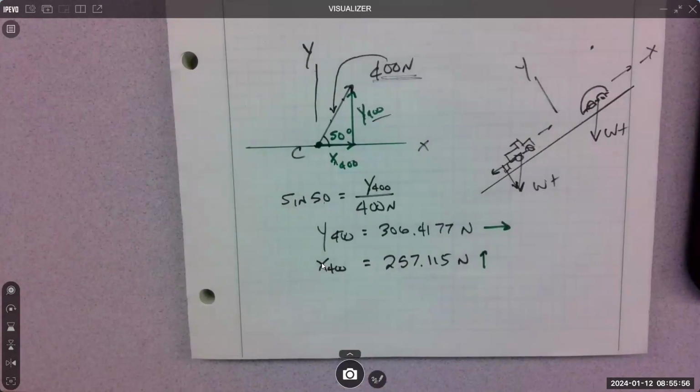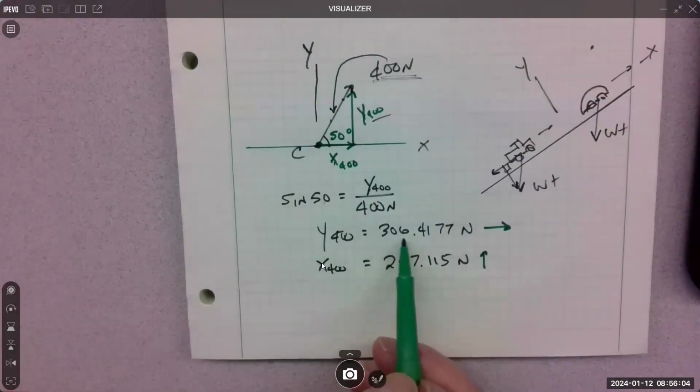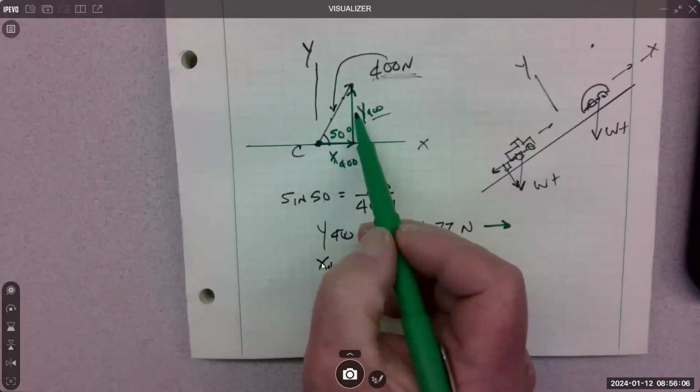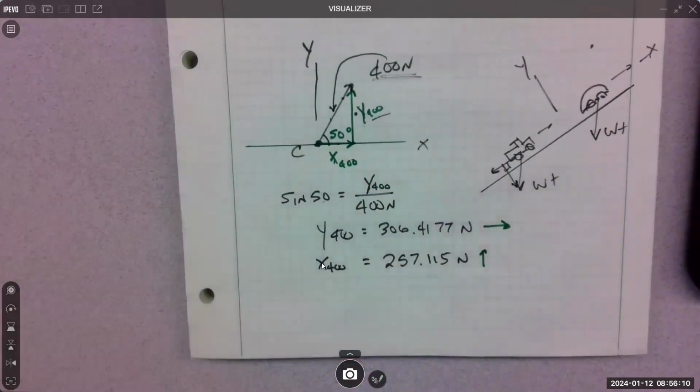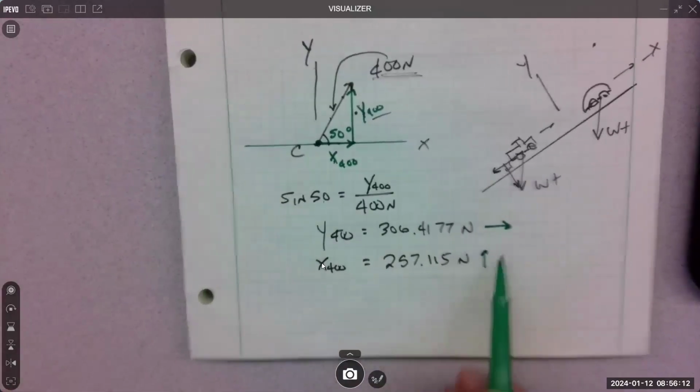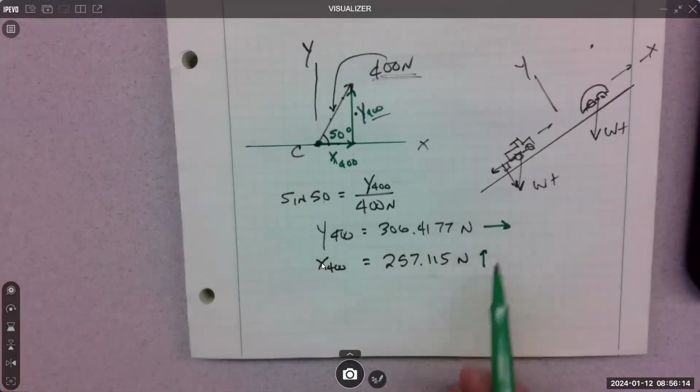If you don't do that, I'm going to look at the sign, and that's the direction I'll assume you wanted, which is fine. Positive 306 in the y, yep, it is. Positive 257 in the x, yes, it is. This is just what I do to keep track of that effect. But those are switched.